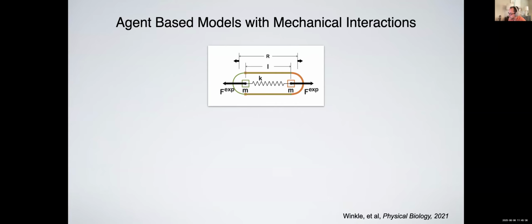And you can think of the agent-based model as essentially a dumbbell. You have essentially two halves of the cell, let's say a green and a red part of the cell. So there's two different halves of the cell that are being pushed apart via a spring whose relaxation length increases as the cell grows.